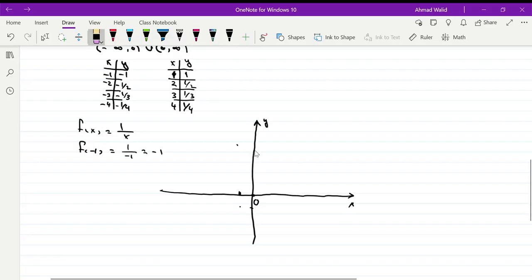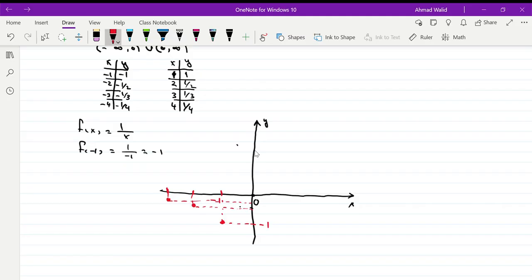Here is negative 1 and here is negative 1 in the y. When x is negative 1, y is also negative 1. When x is negative 2, y is negative half. It means your second point is here. When x is negative 3, y is negative 1/3, which is somewhere here, correct?